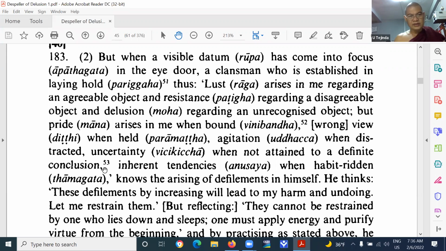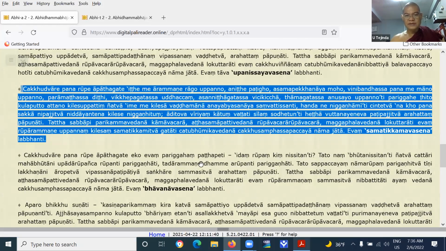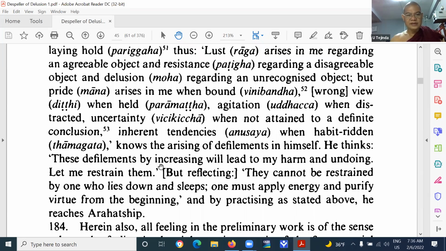So he knows kilesa arises in him. When he sees very beautiful things, loba arises in him. When he does not get those beautiful things, dosa arises in him. And so he knows, oh, loba arises in me, dosa arises in me, moha arises in me. He knows, then, ime kilesa vaddhamana anayavyasanaya samvattanti. If these kilesa arise in me, he thinks these defilements, by increasing, will lead to my harm.